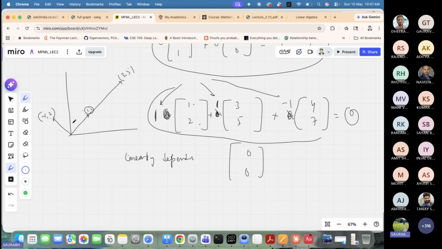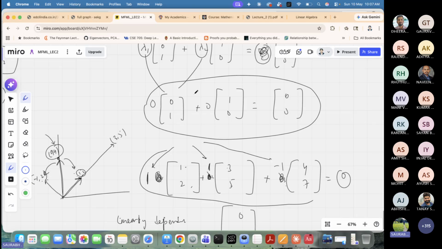If you add them together, you will get 0 4, and 0 4 would be somewhere here. If you can add the vectors and get to the third vector, that also is linear dependence. So we are saying that 0 4 is linearly dependent on these two vectors. So it's not only vectors on the same axis that are linearly dependent. If we can scale and add the vectors together and get to a third vector, it also means they are linearly dependent. This is the visual way of understanding that.